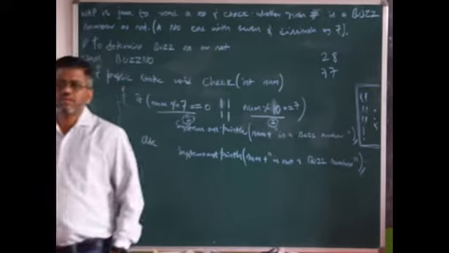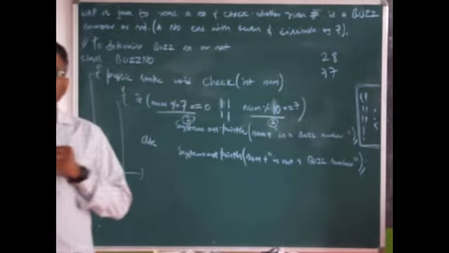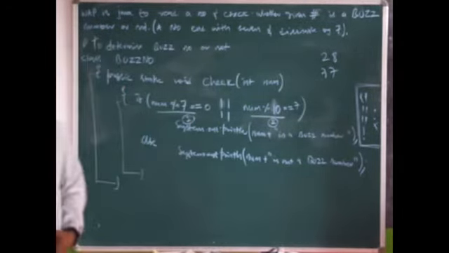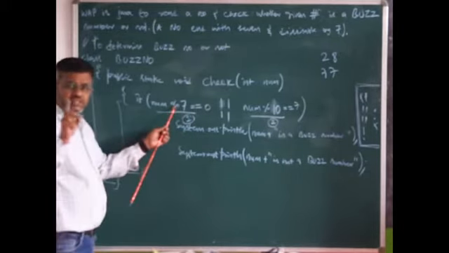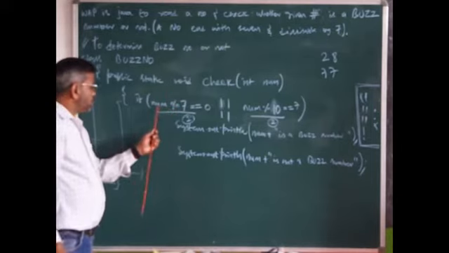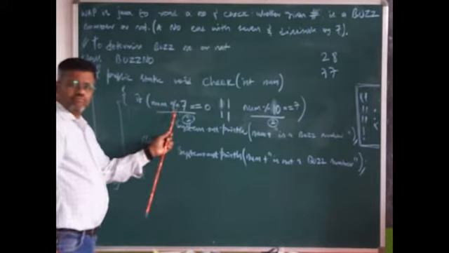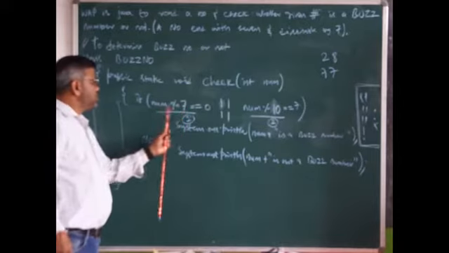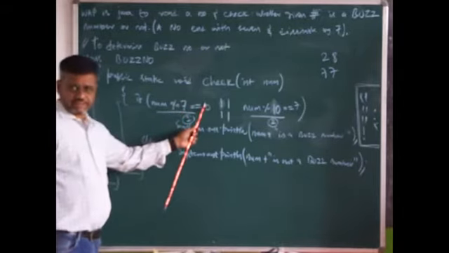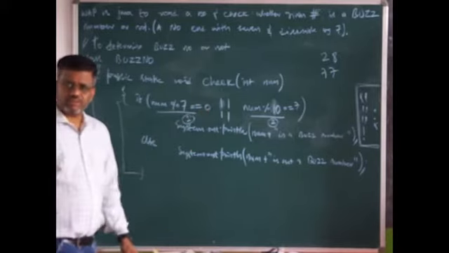What do you mean by that? The mod operator will give you the remainder. It's not percentage, it's the mod operator. When 77 is divided by 7, what would the remainder be? 0. 0 and 0 are the same. So it's a buzz number.